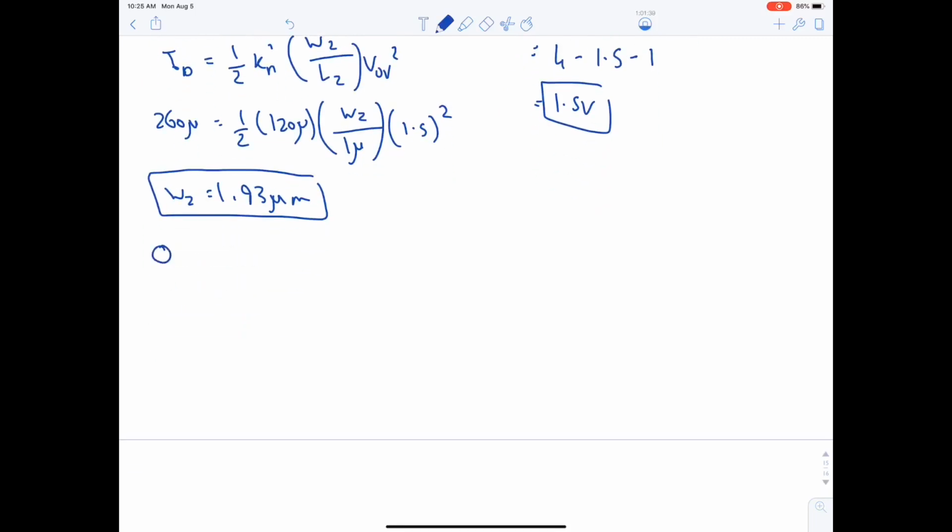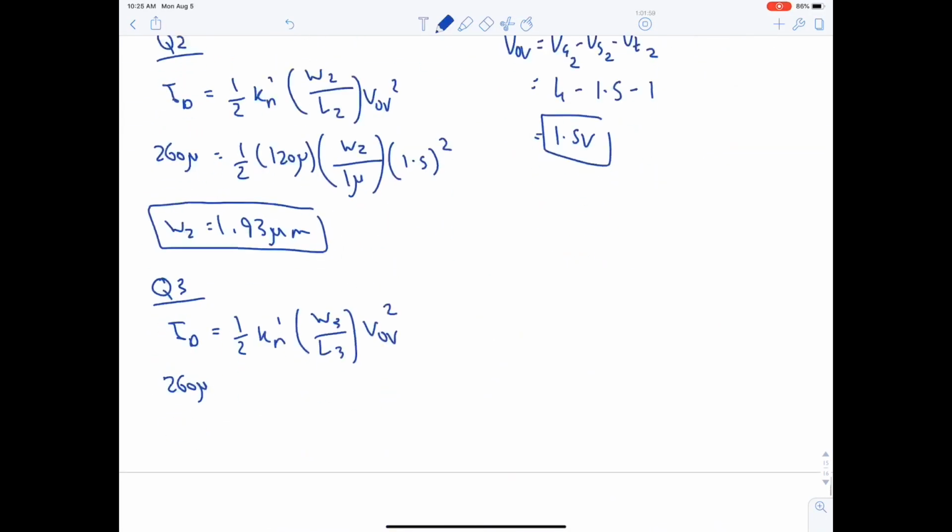For the last one, Q3, ID is equal to half Kn prime W3 over L3 VOV squared. This is very simple. There are no tricks in it. Straightforward. So 260 micro equals half 120 micro, W3 is unknown, 1 micro in here, VOV squared.